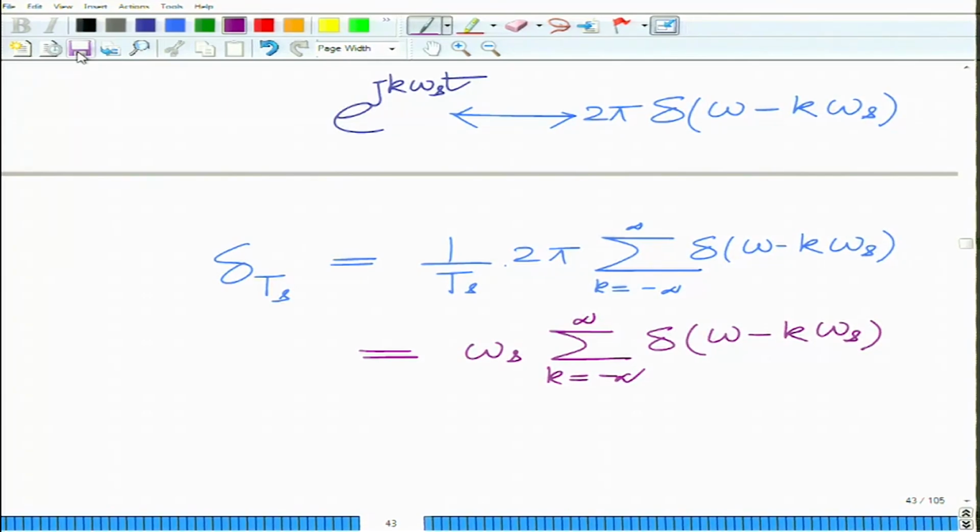All right, so this is basically the Fourier transform of the impulse train.